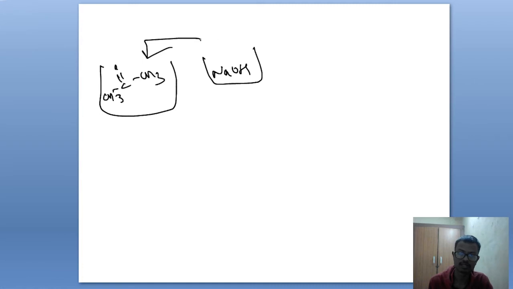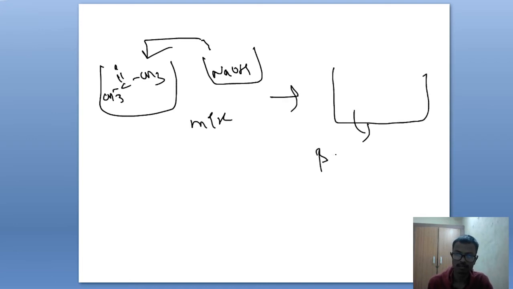You just mix them, then you will get a product called beta hydroxy ketone. In the previous case, as we took an aldehyde as a reactant, we got a beta hydroxy aldehyde as a product. Here we took a ketone as a reactant, so we will get a beta hydroxy ketone as a product.